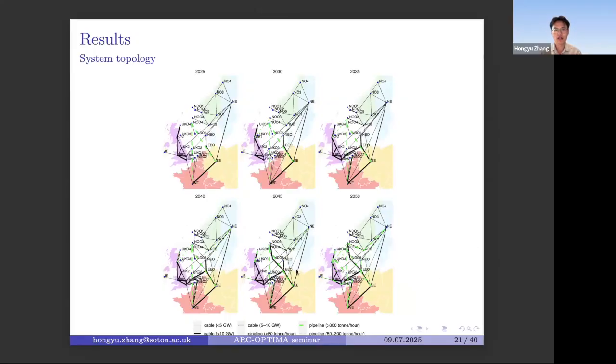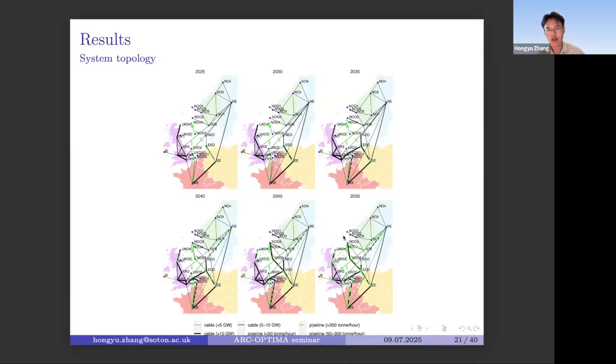And then this is a plot summarizing the system topology. Again, this is the expected system topology towards 2050 because, as you know, we will have a trajectory like this for every long-term scenario, but for the sake of presentation, we just presented the expected solution.